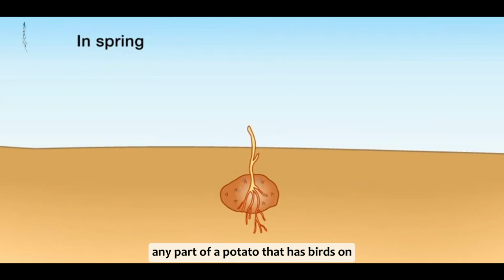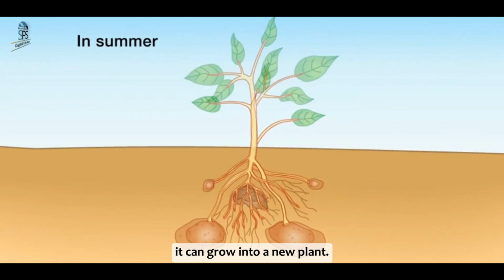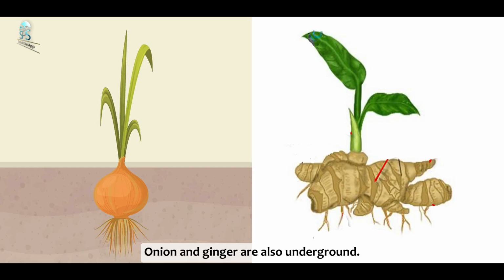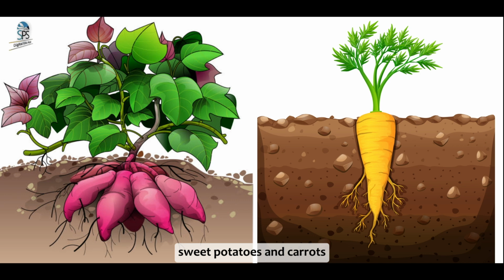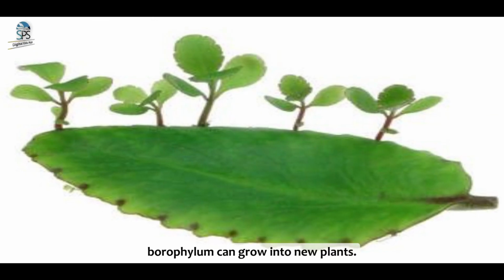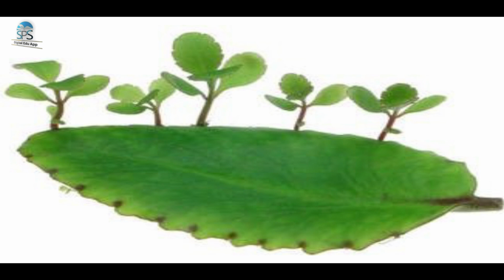Any part of a potato that has buds on it can grow into a new plant. Onion and ginger are also underground stems from which new plants grow. Sweet potatoes and carrots are examples of plants whose roots can grow into new plants. The leaves of plants like bryophyllum can grow into a new plant.